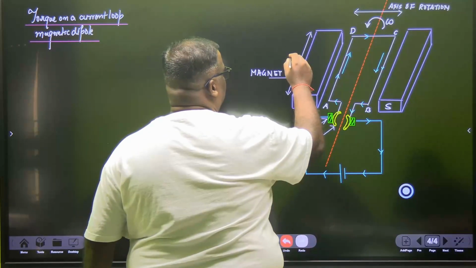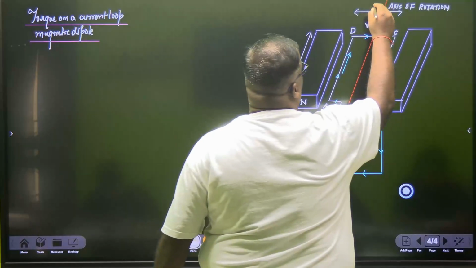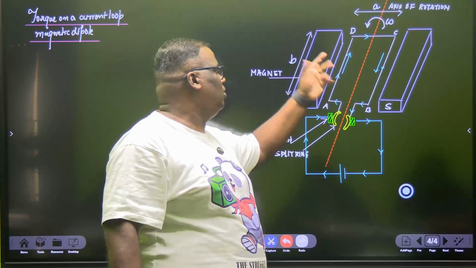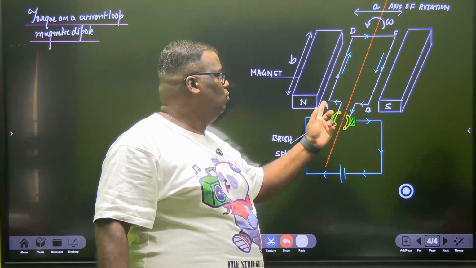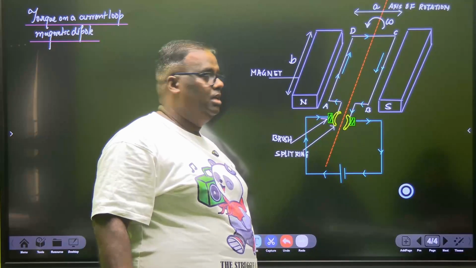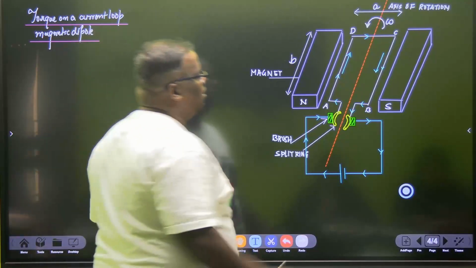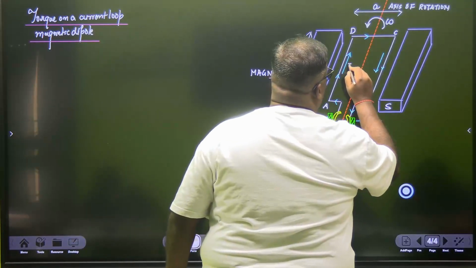The length of the magnet is taken to be B. This is A. So if the length of, not magnet actually, the length of the loop is B. There, and this is your current.